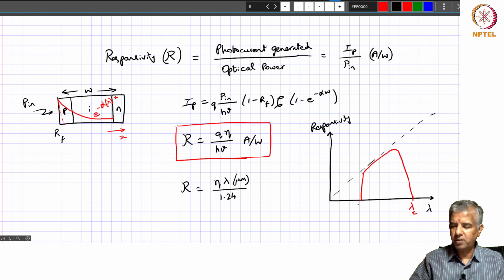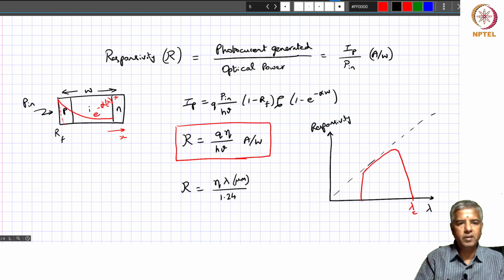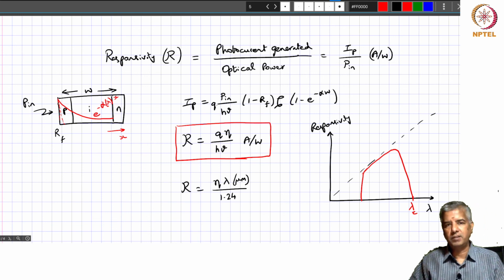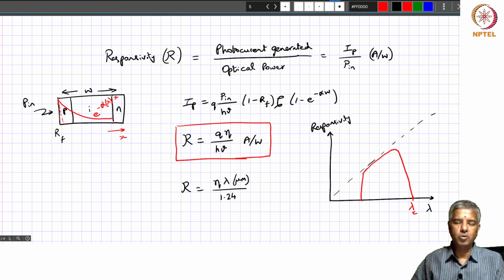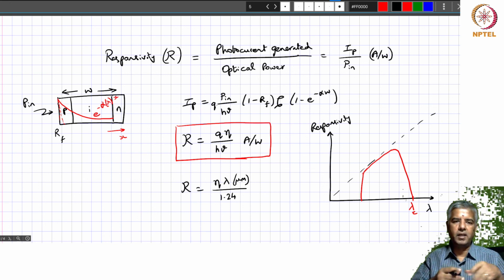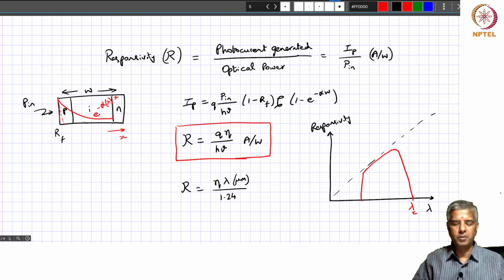As you go to shorter and shorter wavelengths, your absorption starts happening over thinner and thinner regions, until all of it is happening right at the surface. That generates an electron hole pair, but then a very high density of electron hole pairs is generated, the electrons start colliding with each other, and they have to traverse this entire region where they can get reabsorbed and so on.